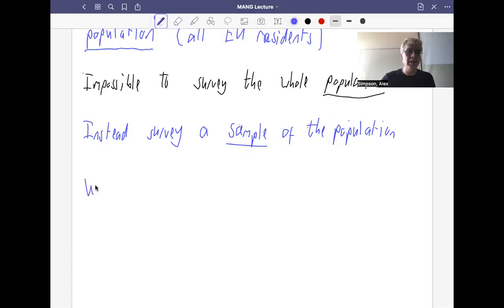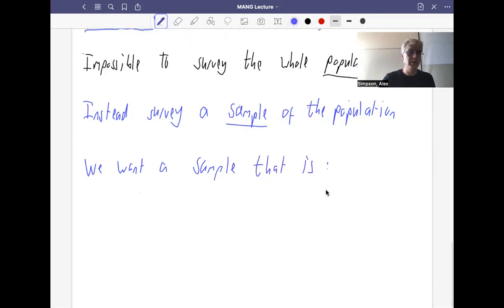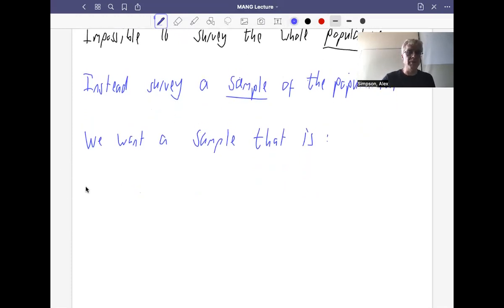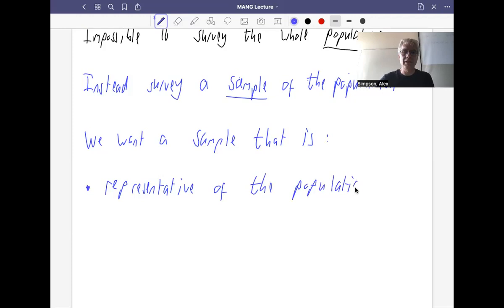So we want a sample that is representative of the population, so results about the sample can be used to infer results about the population as a whole.